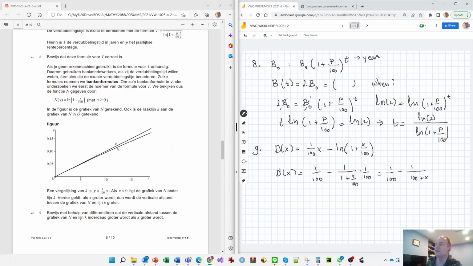It starts increasing here, and the difference will start increasing here and will continue to do so. So it's larger or equal to 0. So I think that proves it here.